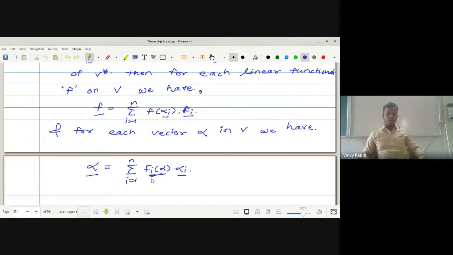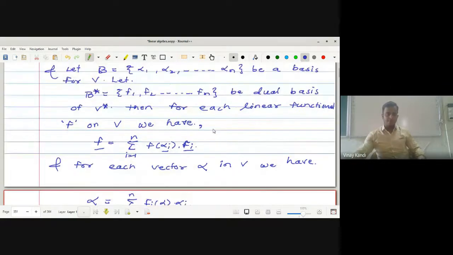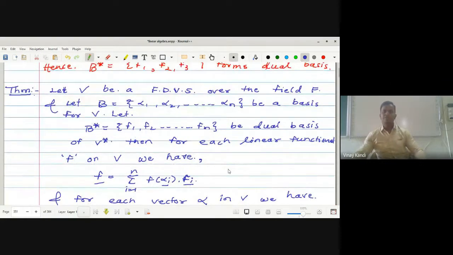Okay, पहा स्टेटमेंट काय सांगतो. Let V be the finite dimensional vector space over the field F, and B is the basis for the vector space V, and B star is the dual basis for V star.